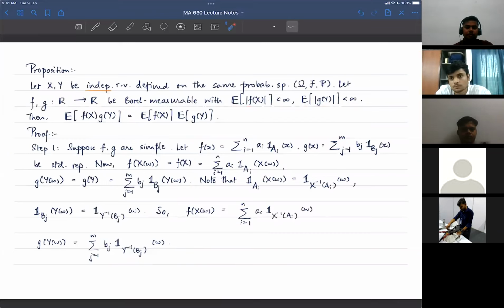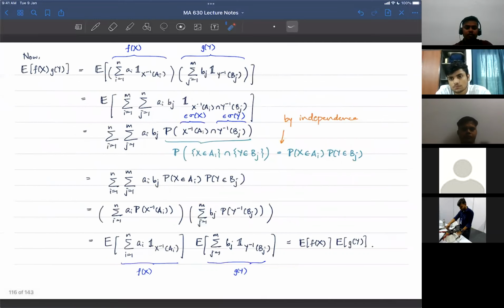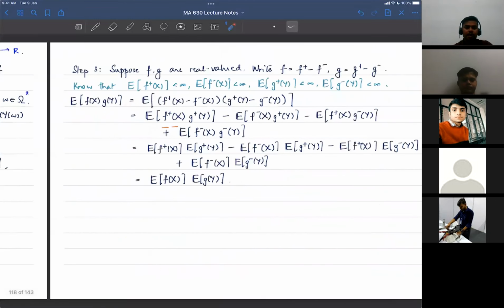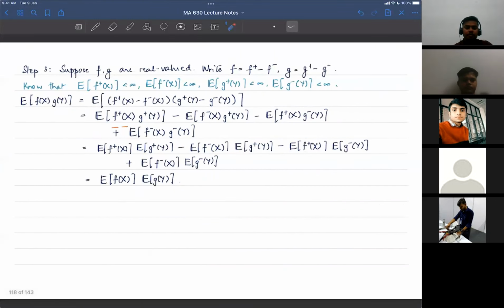But now if you want to look at real valued functions, then you have to put this thing because you never want to allow infinity minus infinity. All right, and then the rest is straightforward. So suppose f and g are real valued. I can decompose f as f plus minus f minus. I can decompose g as g plus minus g minus.